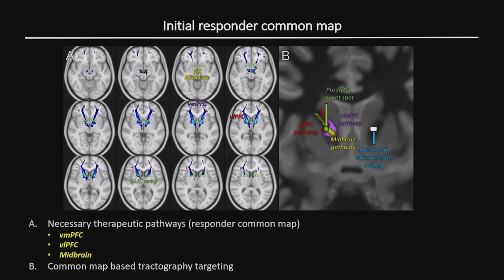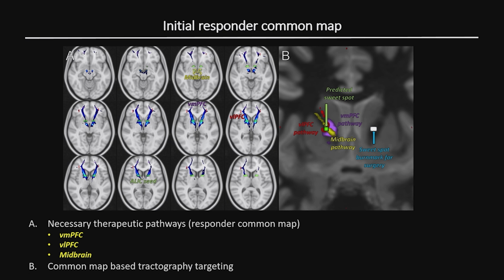So we changed the approach a little bit and looked at the projections from the ALIC to the prefrontal cortex and some other subcortical regions. We found that the ventral medial frontal, ventral lateral frontal, and midbrain connections are critical and associated with DBS improvement. Using these three brain regions, we extracted the connections from ALIC.